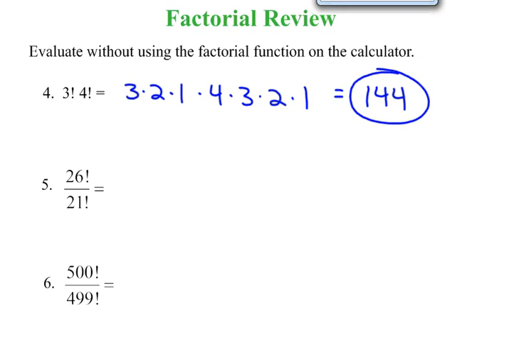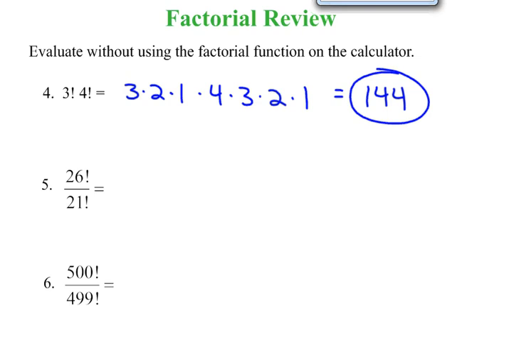Number 5. Again, you could type this into the calculator, but I'll tell you this, you need to know how it works, because when we get to number 6, the calculator won't do it for you. So pay attention here, number 5. 26 factorial.